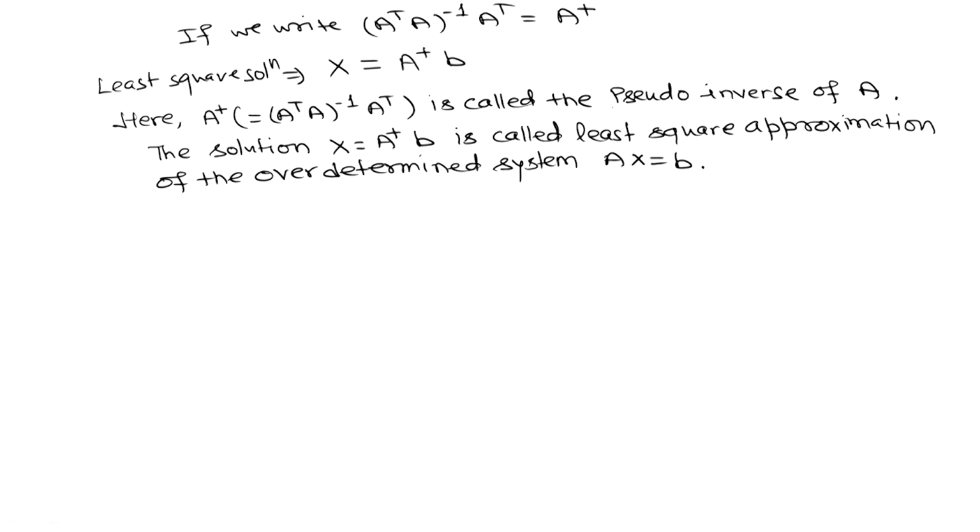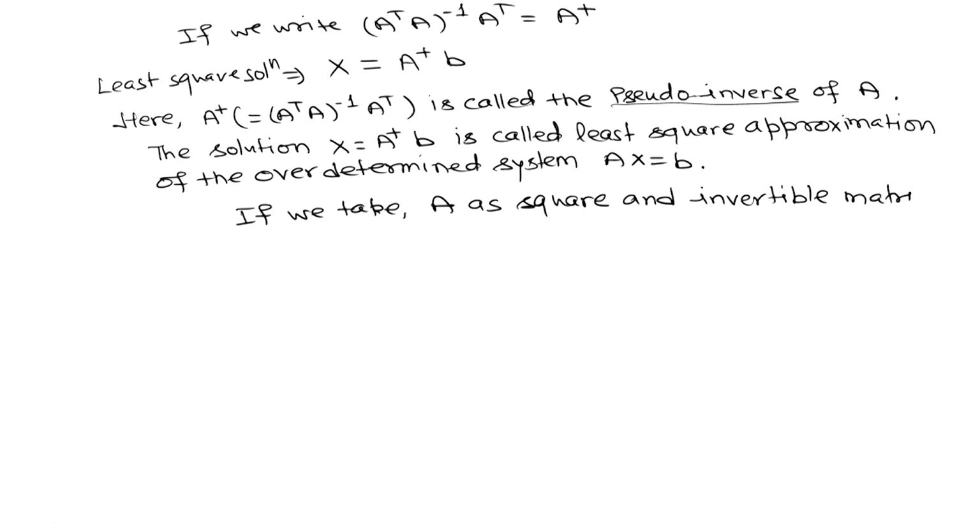Why am I calling it the pseudo inverse of A? Because if I take A as a square and invertible matrix, meaning a full rank matrix, then A into A plus becomes A into A transpose A inverse into A transpose.